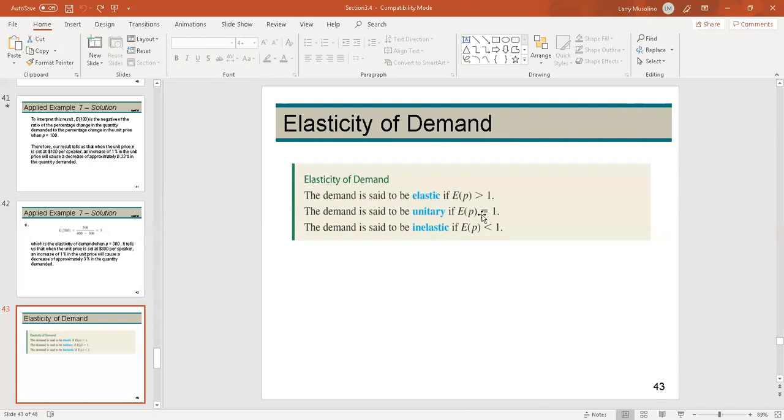And if E of p is exactly 1, we say the demand is unitary. Now, in the example we just did a minute ago, E of 100 turned out to be 1/3. Well, 1/3 is less than 1. So in that example, we would say the demand is inelastic.